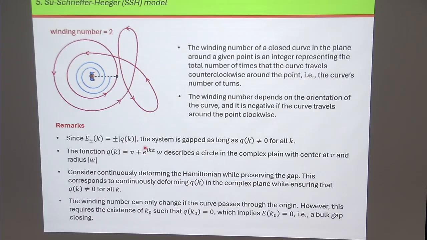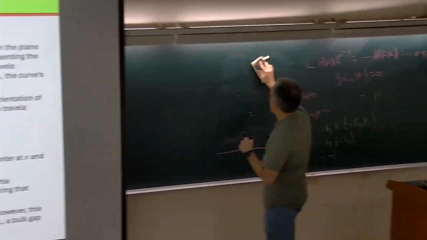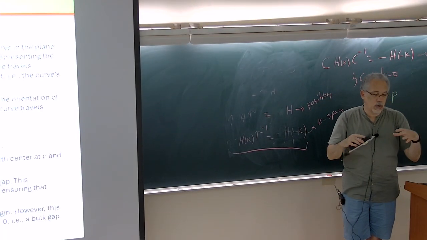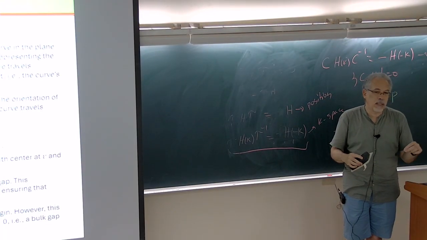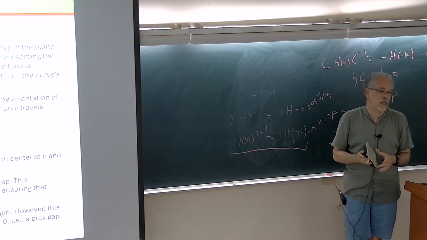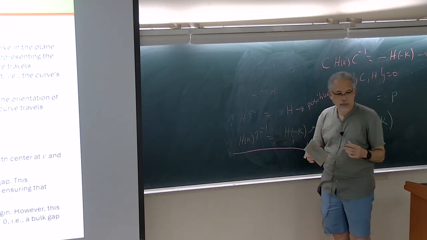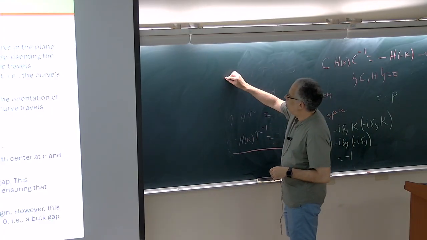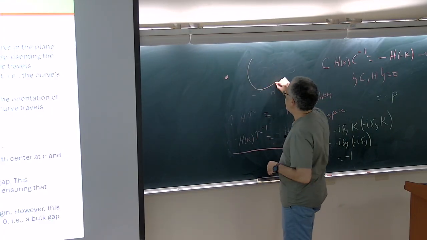Now, what is the important point here? Suppose you have a loop with a given, specific winding number. The only way you can change the winding number by continuous deformation of the curve is if you go through the center. Here is the simplest case I can have. Let's say my loop is here.